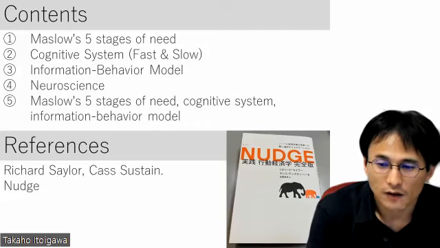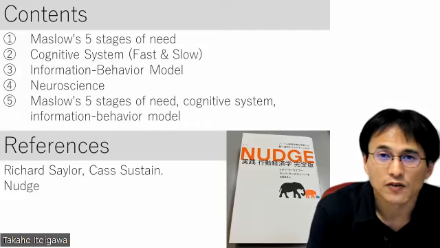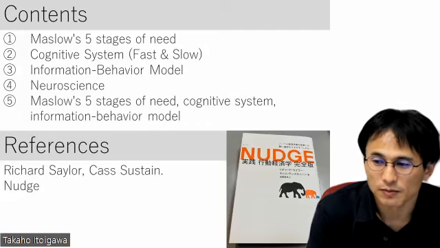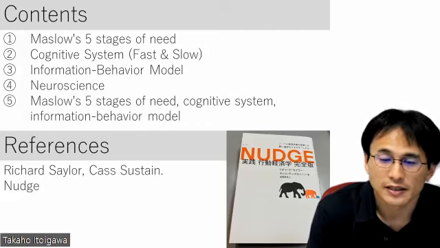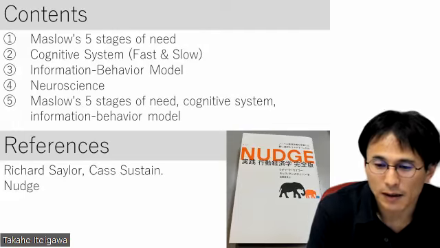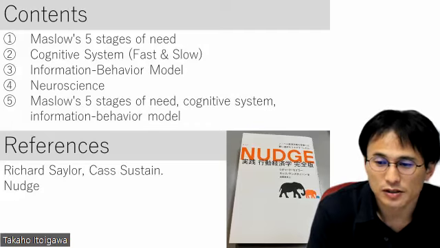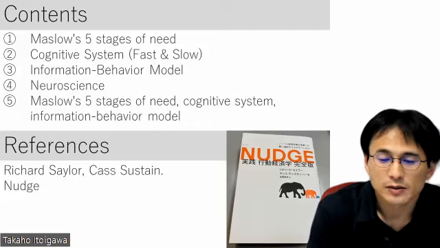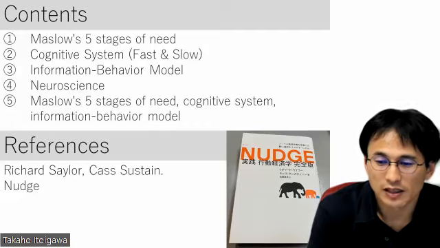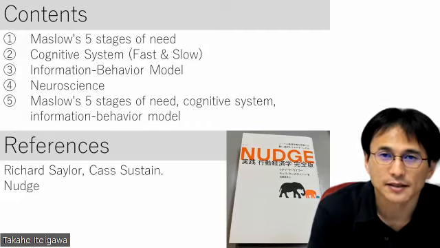The model of the process from receiving information to taking action is then explained. Along the way, a little bit about how the brain works is introduced. The reference material for this video is Nudge by Richard Thaler and Cass Sunstein.